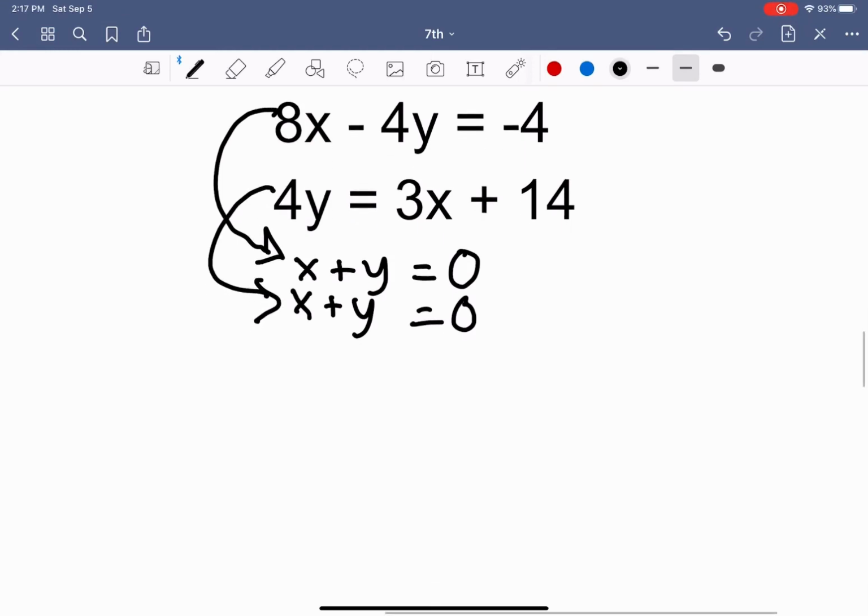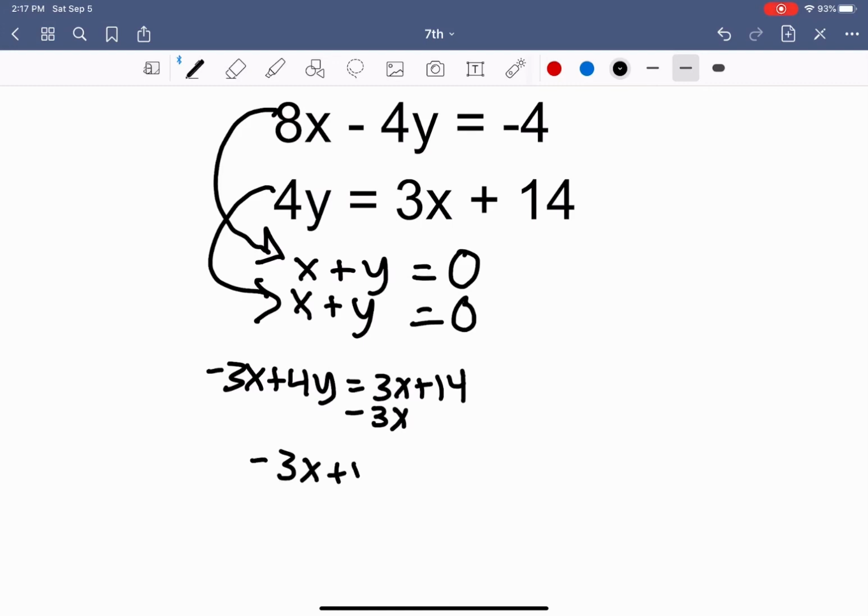You just have to switch it. To leave 14 by its own, you have to isolate it. What you can do is subtract 3x and move it to this side. So you get negative 3x plus 4y equals 14.